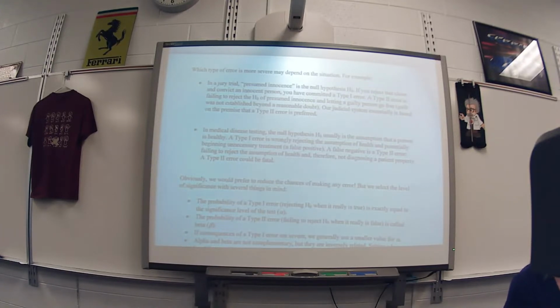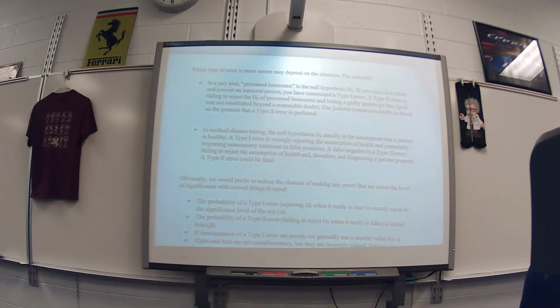Okay, our judicial system is actually based on a foundation that we would rather let a guilty person walk free than incarcerate an innocent person. Okay, so as much as we don't like seeing guilty people go free, that is considered favorable to locking up one innocent person by mistake.